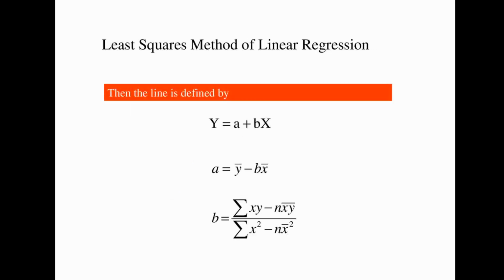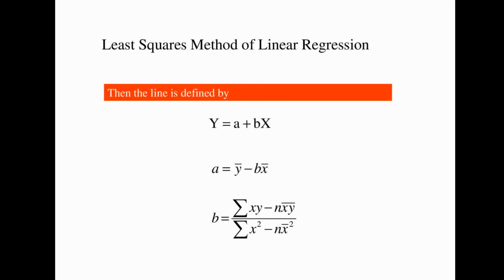In our maths we have learned how to measure slope, and this is nothing but a measurement of the slope b, which is the summation of xy minus n times the average of xy, divided by the summation of x square minus n times the average of x square, and this point can be easily defined from the graph.